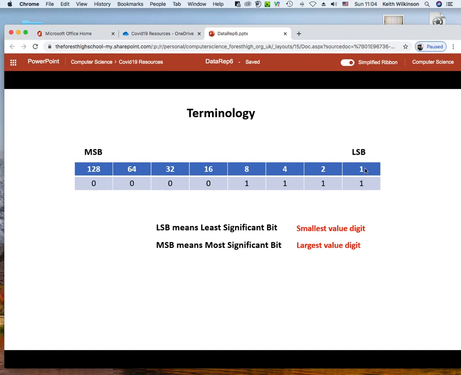The value of bit 0 is 1. The value of bit 1 is 2. The value of bit 2 is 4, and so on. So that's some terminology for you, which I will be using in future. Most significant bit, least significant bit. Understand which end of this binary number it stands for.